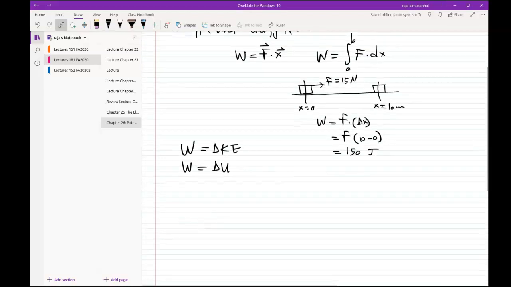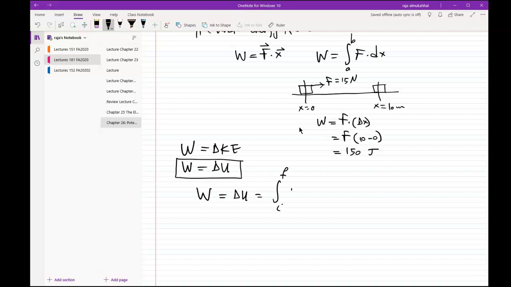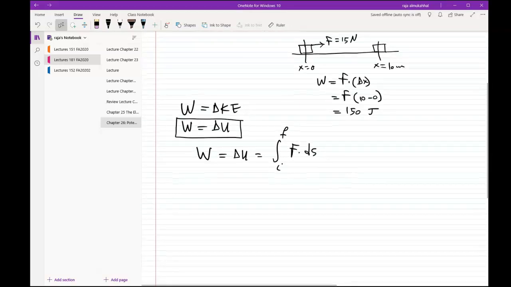Mathematically speaking, and I'm going to concentrate on the last one here, what that means is that the work, or delta W, because they're both equal, is equal to the integral from some initial point to a final point, using your textbook notation, of the force F ds. S here, of course, being an incremental displacement. And that basically stems from the work-energy theorem.